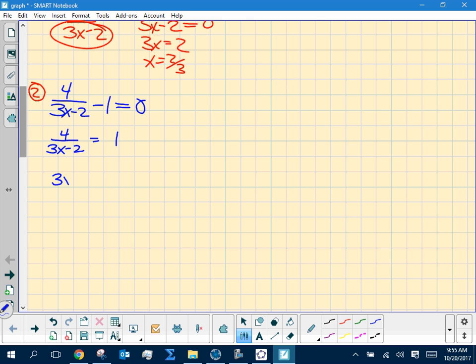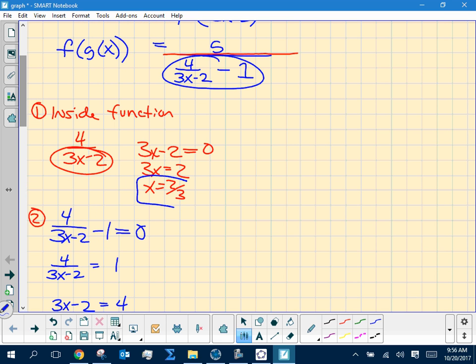Then 3x minus 2 is equal to 4. Multiply both sides by the denominator. 3x is equal to 6. x is 2. So now I also know that I need to exclude 2, and exclude 2/3. So we're going to start with the domain being all real numbers except 2/3 and 2. I'll finish this for you guys.